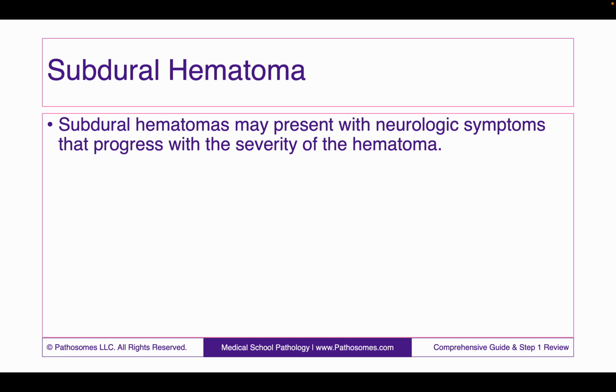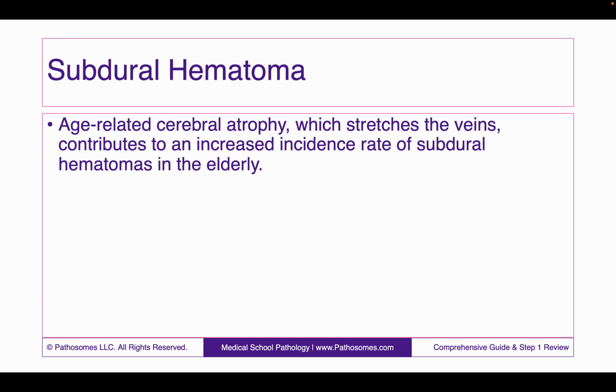Keep in mind that subdural hematomas may present with neurologic symptoms that progress with the severity of the hematoma. Also, age-related cerebral atrophy, which stretches the veins, contributes to an increased risk and an increased rate of subdural hematomas in the elderly.